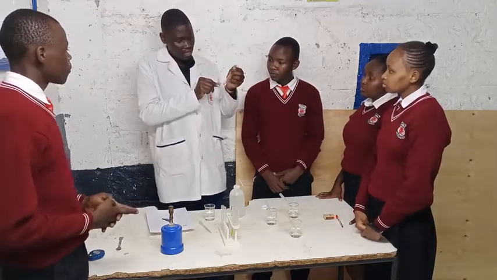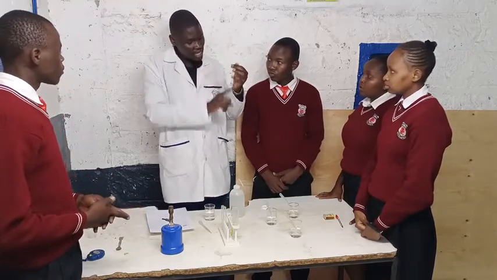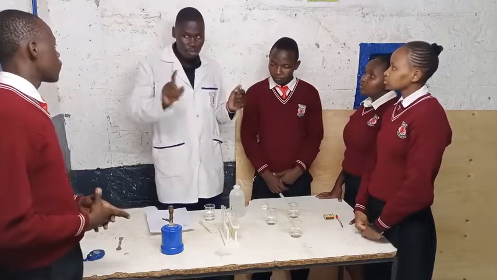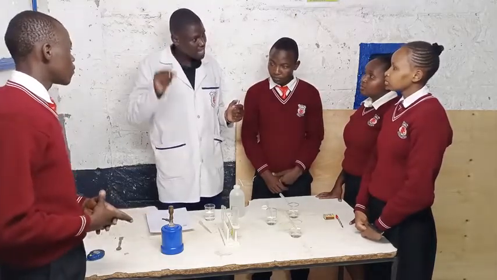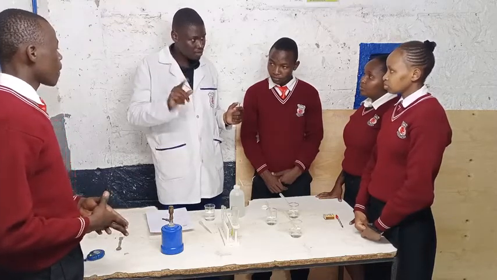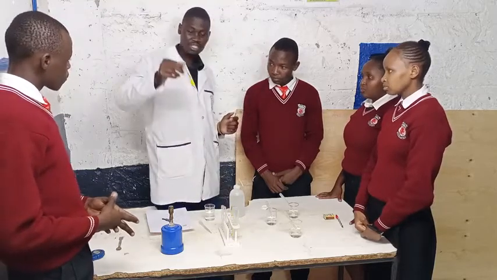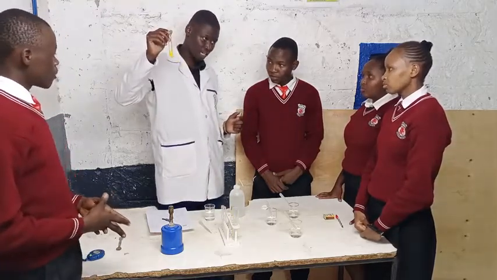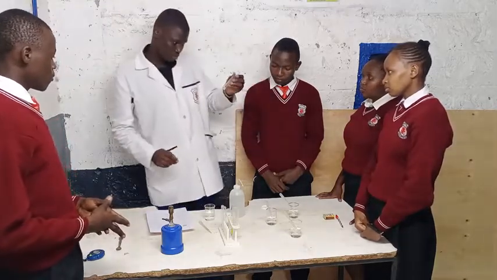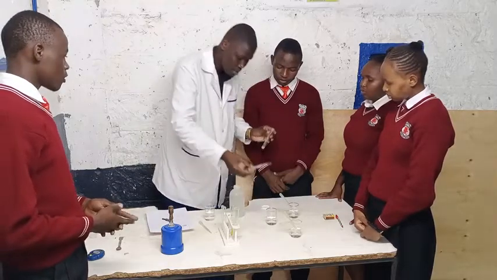When we see formation of white precipitate, you need to know that either lead or silver is present. But because in qualitative analysis we are using the elimination method, kindly stick to what we have. We have lead 2 ions or aluminium, but this potassium iodide has confirmed to us that it is lead.